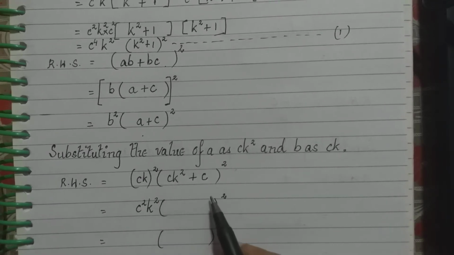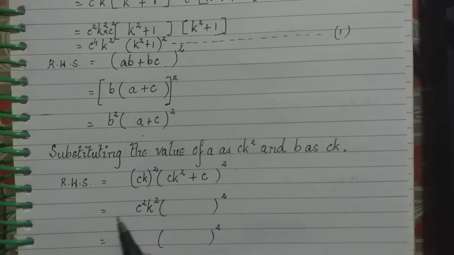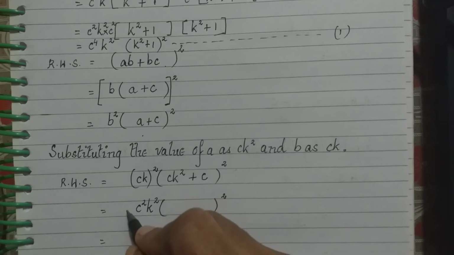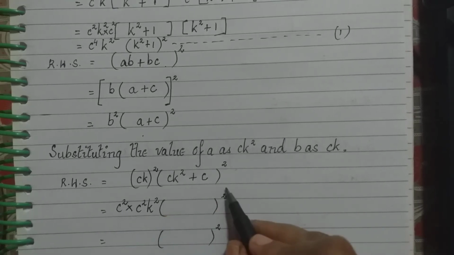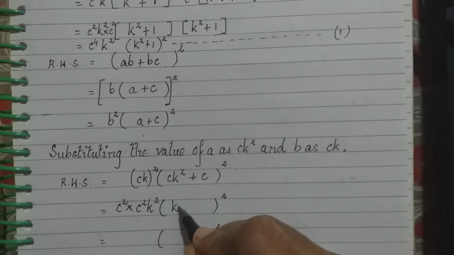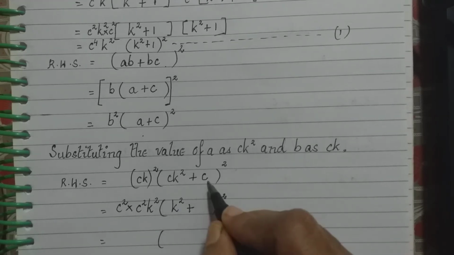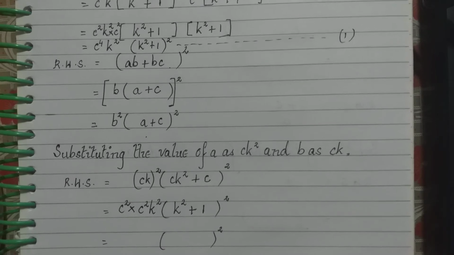So, if c is common, since it is whole square, what will come out? Not c will come out. What will come out? C square will come out. So, what will be left then inside? Here, k square plus, here already c square is out. This c square is out, so only 1 is there. So, this will be 1.